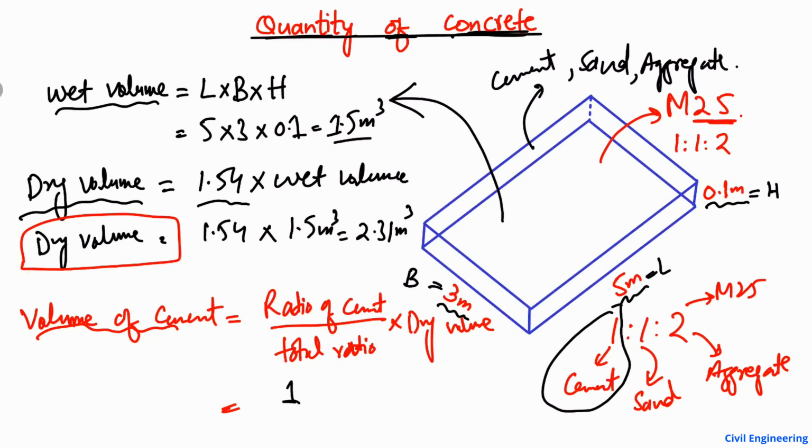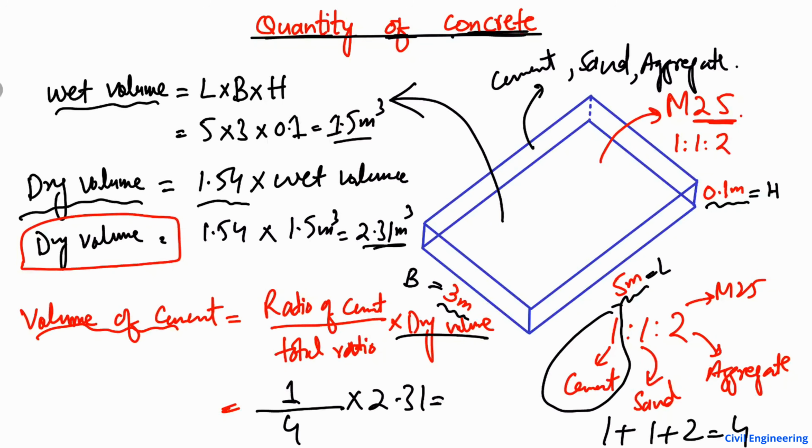So we'll put 1 divided by the total ratio. The total ratio is, we have to add these ratios, 1:1:2, so 1 plus 1 plus 2 equals 4. Multiplied by the dry volume, which we found out to be 2.31. By calculating this value, we got 0.577 cubic meter. So this is the volume of the cement.